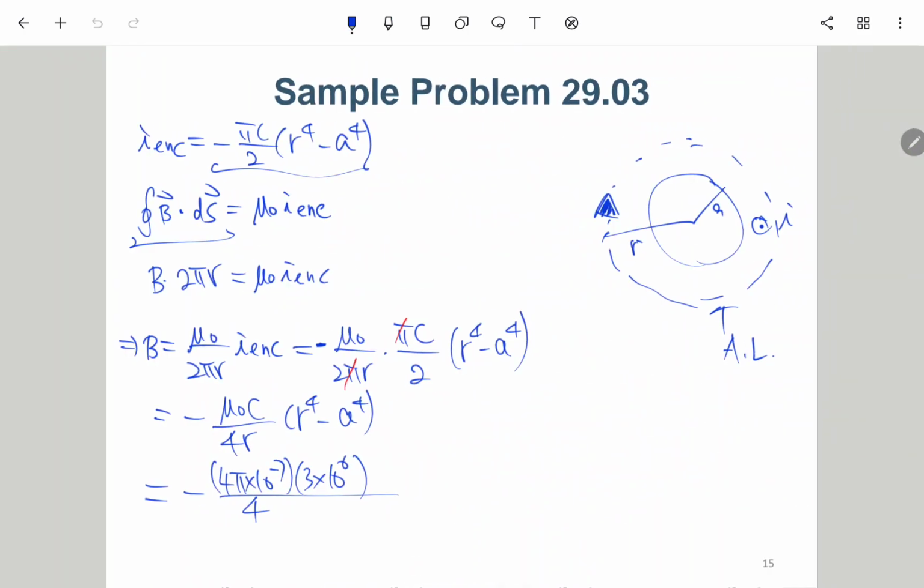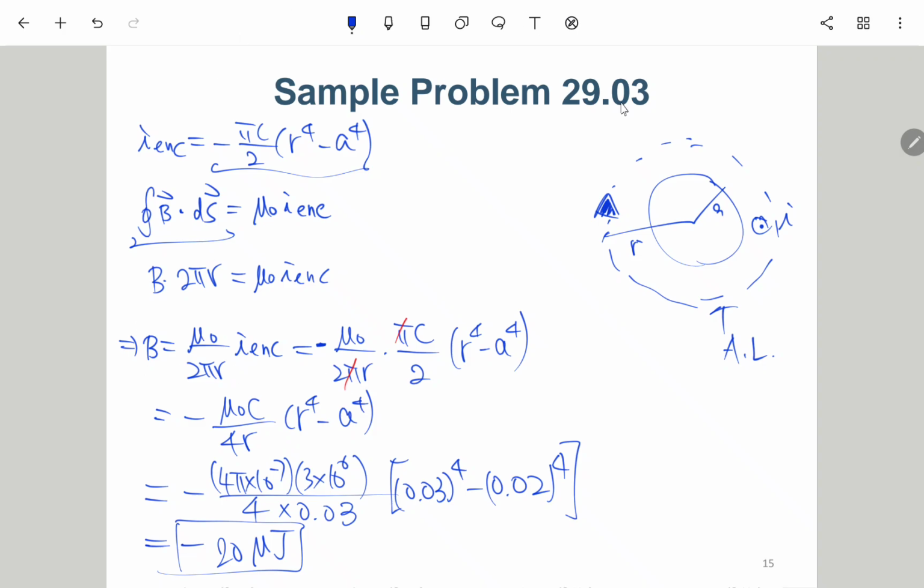So here we have times 0.03, and then 0.03 to the 4th power minus 0.02 to the 4th power, like this. So this is nothing but minus 20 mu j.